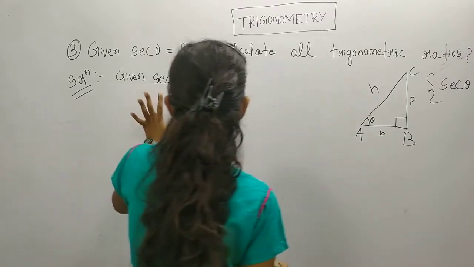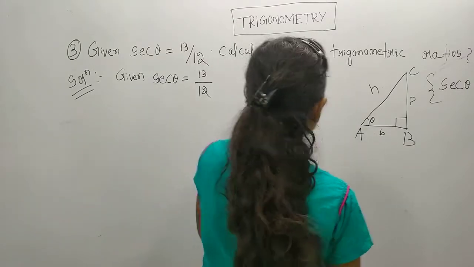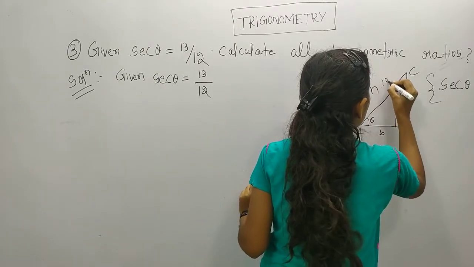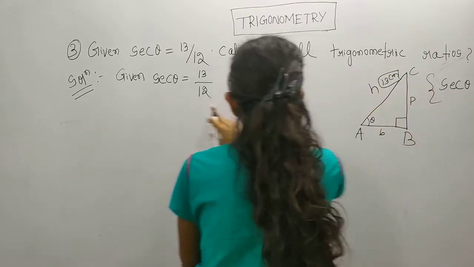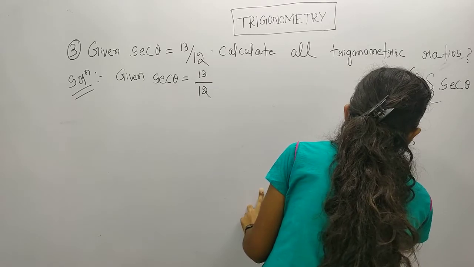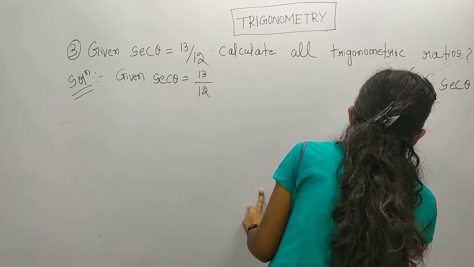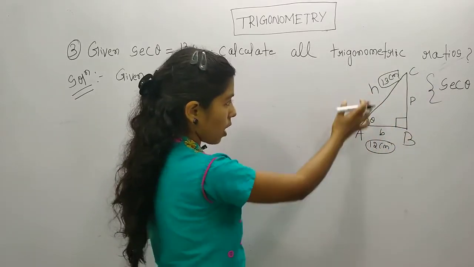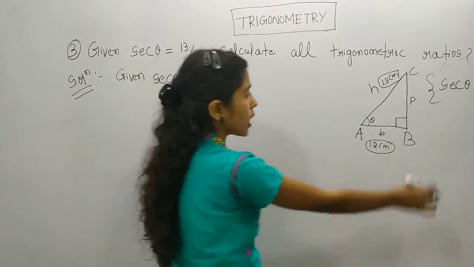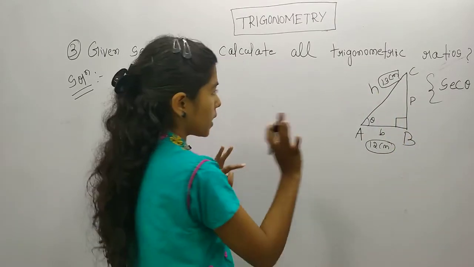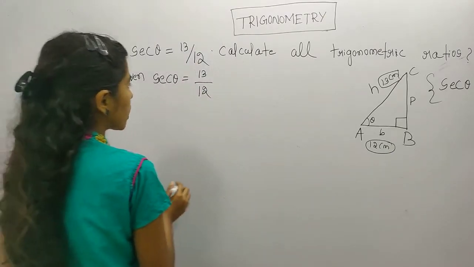So here our hypotenuse is 13 cm and base is 12 cm. We can see hypotenuse is there, base is also there, so perpendicular is missing here. How can we do that?